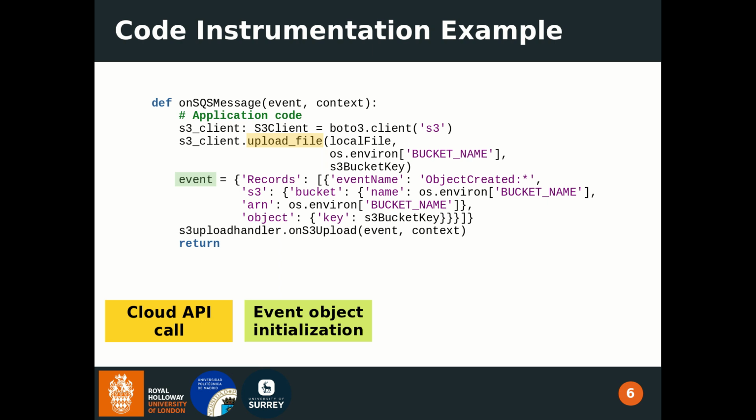As you can see, this includes the event name, extracted from the infrastructure code, and the cloud-based repository name, obtained from one of the API inputs. We then synthesize the call to the event-triggered handler, which has the event object among its inputs. The call is finally injected after the Cloud API to emulate a standard function call.